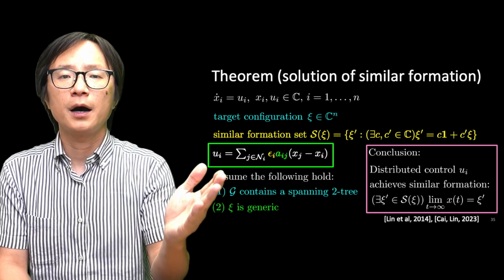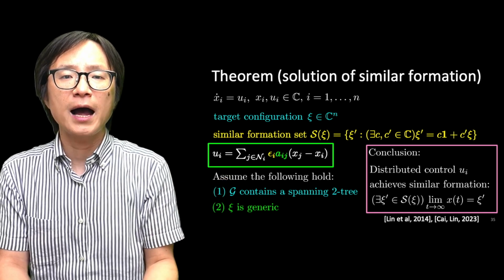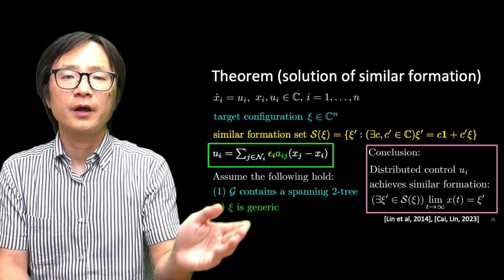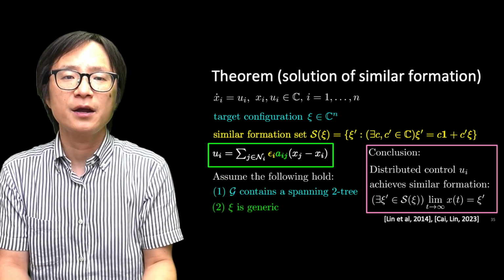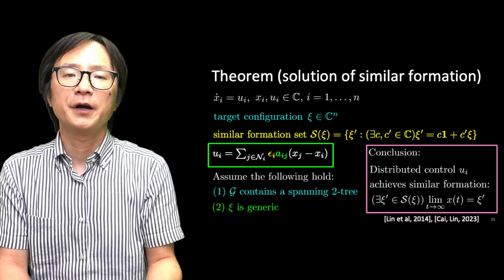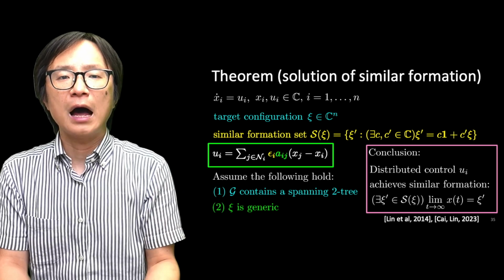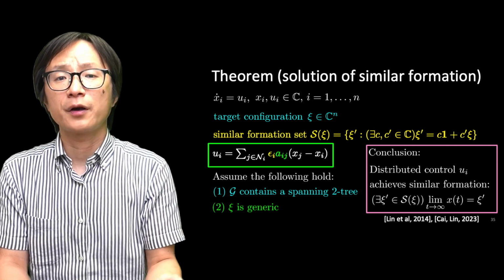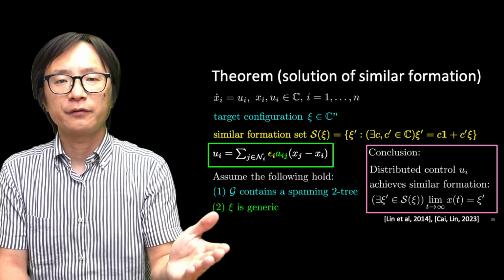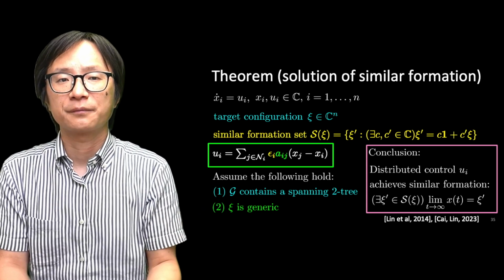Using this form of distributed control u_i with the stabilizing epsilons and the complex weights A_ij, we can resolve the similar formation control problem for multi-agent systems under two conditions. One, the graph G contains a spanning tree. Two, the target configuration C is generic.